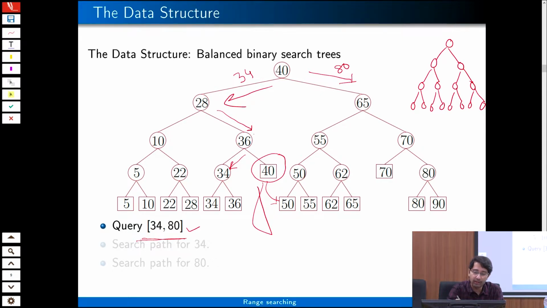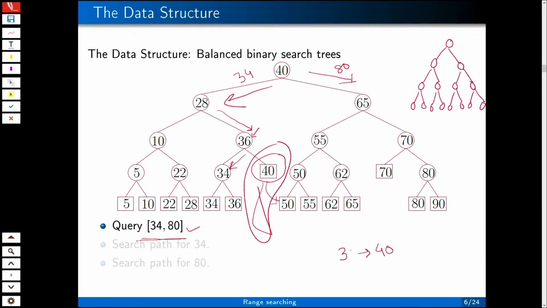Because I know that every value in this part is between 36 and 40, and 40 is a split node. What does it mean?